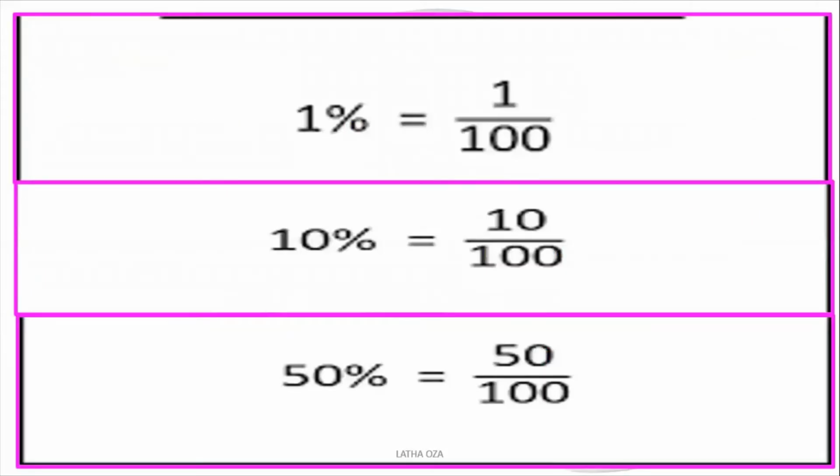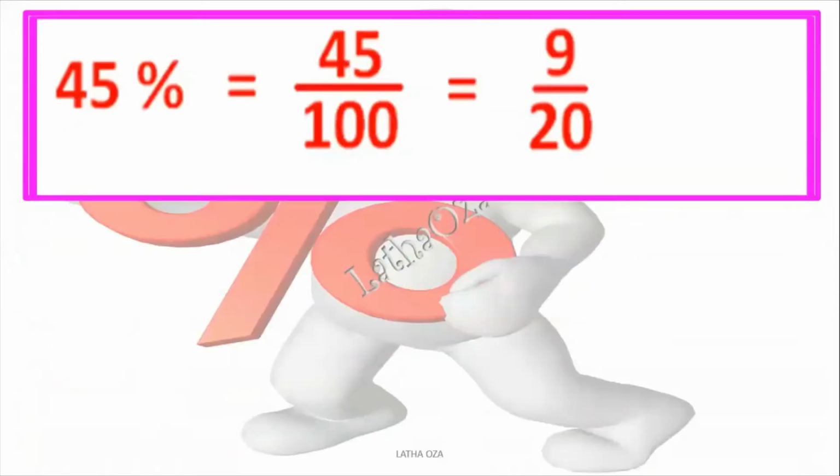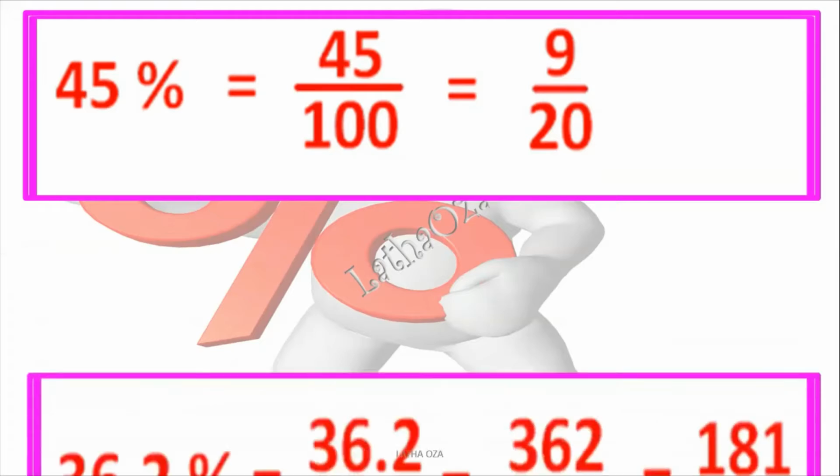For example, 1% is equal to 1 by 100, 10% is equal to 10 by 100, 50% is equal to 50 by 100, 45% is equal to 45 by 100, which is equal to 9 by 20, where we can simplify it into the simplest form.